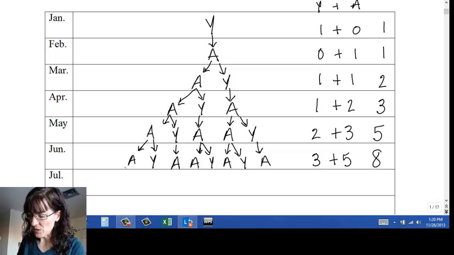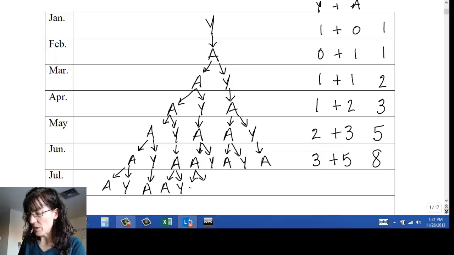If we have this adult pair, they're going to have themselves plus a youth pair. This youth is going to become adult. This adult will have adult plus youth. This adult will have adult plus youth. This youth will become adult.